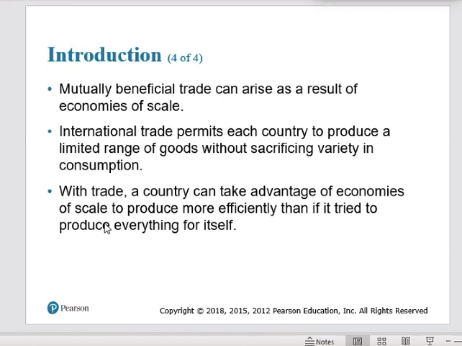But we haven't considered the fact that there could be economies of scale. So there's another dimension, another level of gain from trade if economies of scale exist. For example, you are good at producing something, so I let you do whatever you are good at. Once you specialize, you will achieve economies of scale because you are producing more of that thing. You can benefit from the technology and also from your experience.